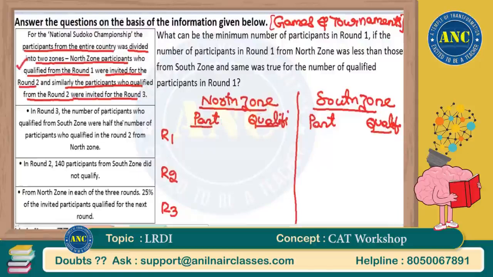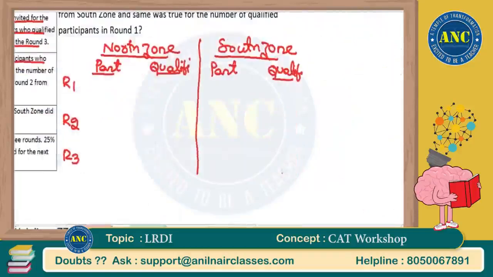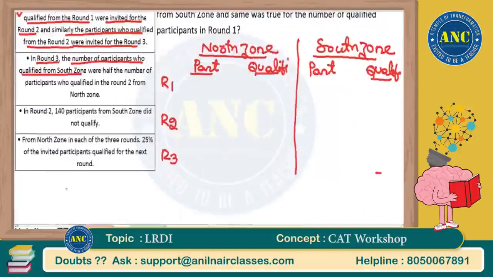Second one, in round 3, the number of participants who qualified from South Zone was half the number of participants who qualified in round 2 from North Zone.